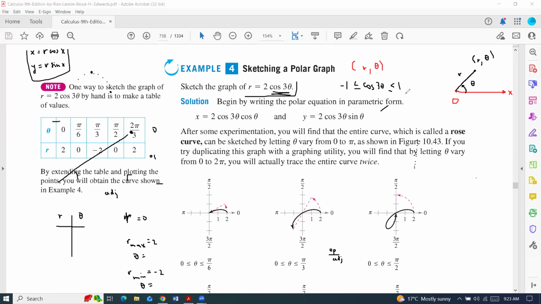So, for example, when cosine of 3 theta is equal to 1, then our point on the unit circle that corresponds to cosine, the x coordinate, which is 0 and so forth, is a multiple of 2 pi, right?